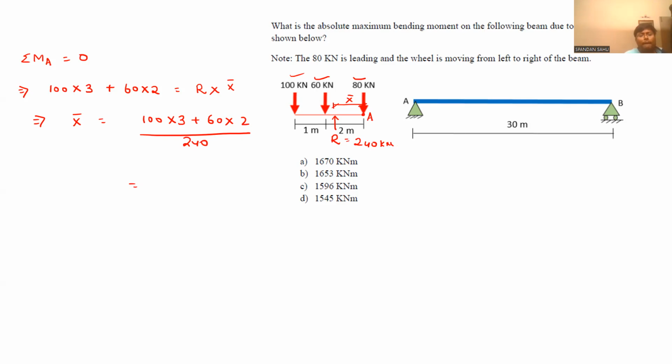Are you doing it correctly or not? 100 into 3 is clockwise, 60 into 2 is also clockwise, divided by 240.